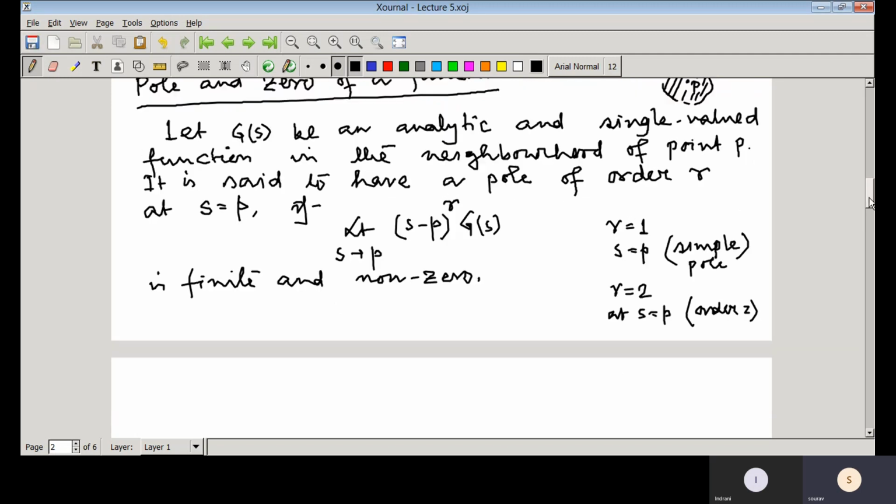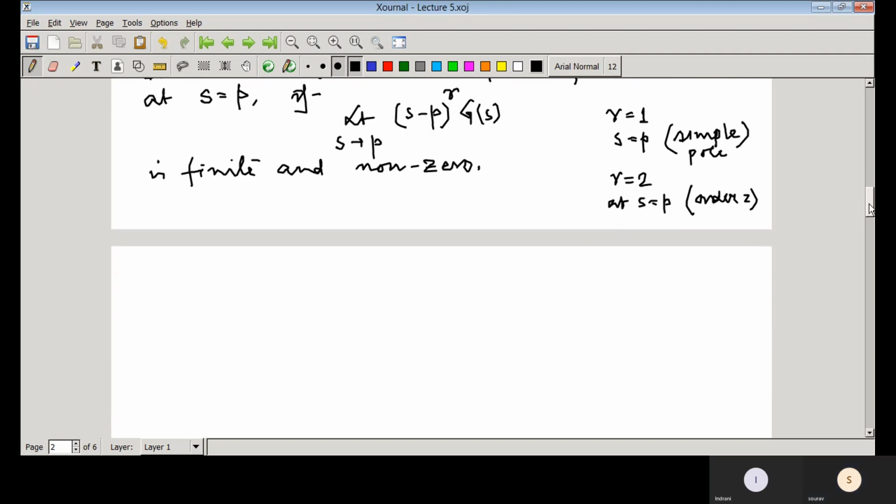So let us see one example. Suppose you have G(s), and this is that rational function.